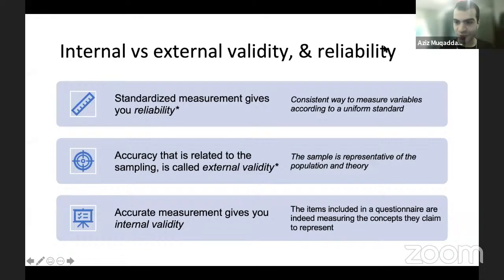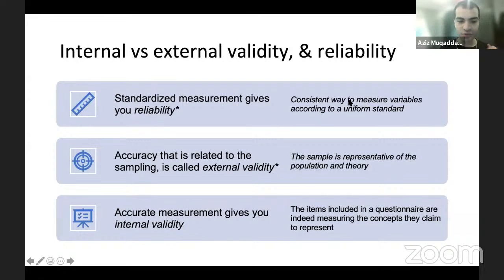So to conclude this part before delving more into internal validity, standardized measurement gives you reliability. We have numbers, we have standardized measured items, and so those would be consistent as opposed to subjective descriptions. It's not like you saying, I feel this is heavy, or I feel happy. There are certain numerical scales you could answer.